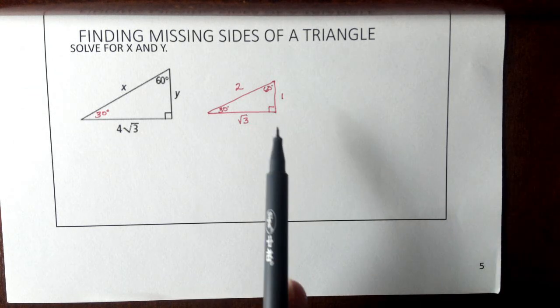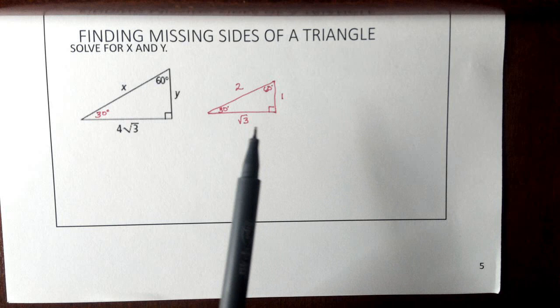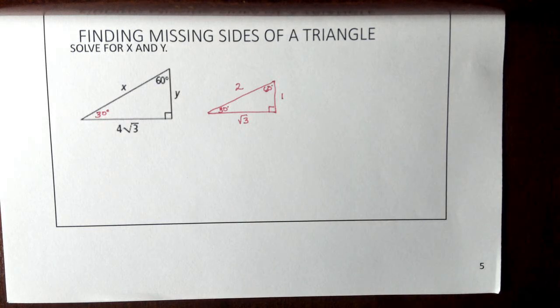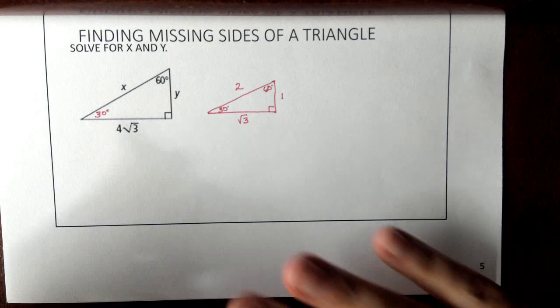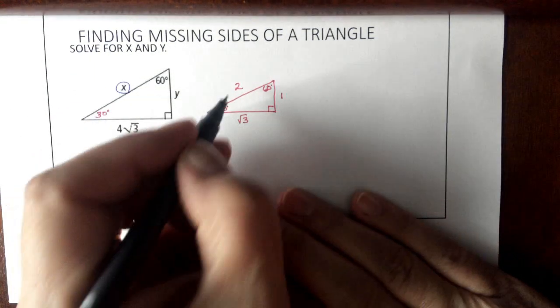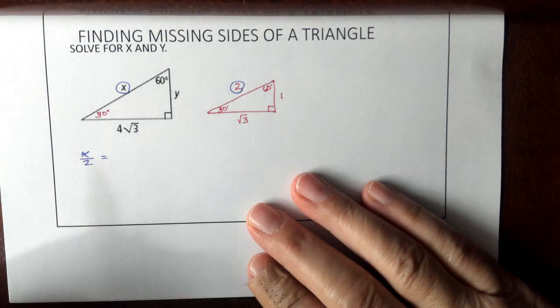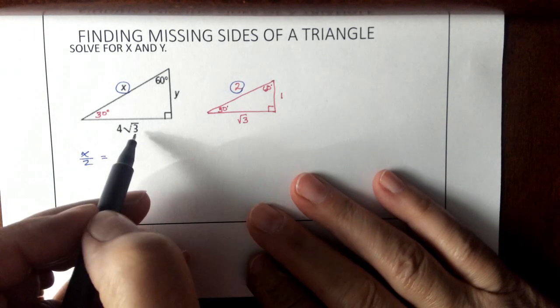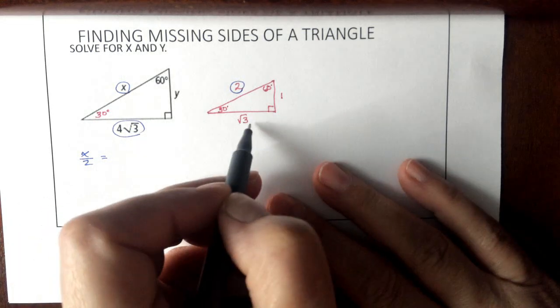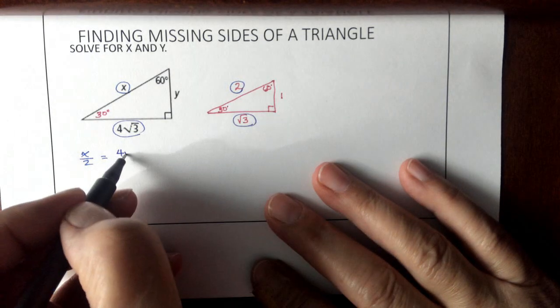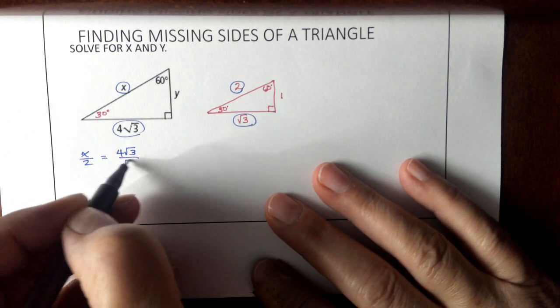If you don't have yours memorized yet, look it up and practice it until you have it memorized. Okay, let's find x first. So x is to 2 as 4 radical 3 is to radical 3.